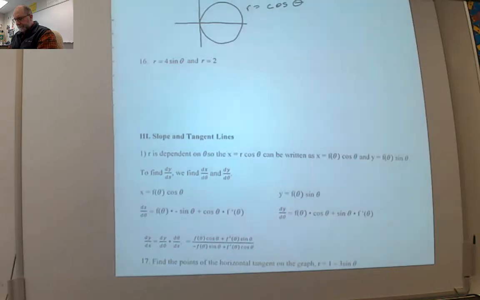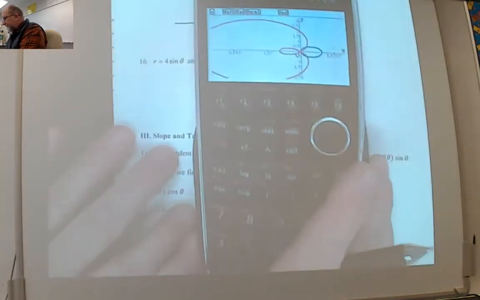Yeah, it's a lightning bug. And this one looks like this. So that's my graph.